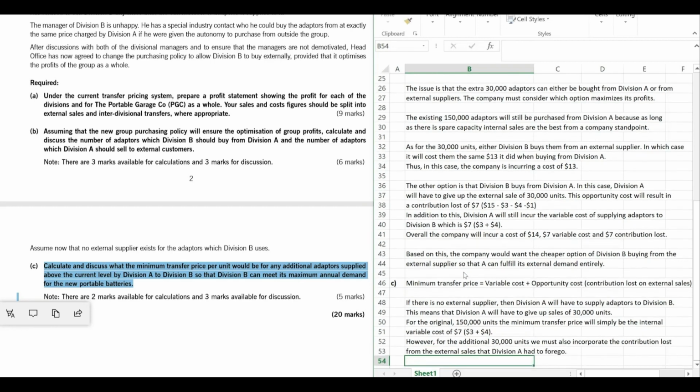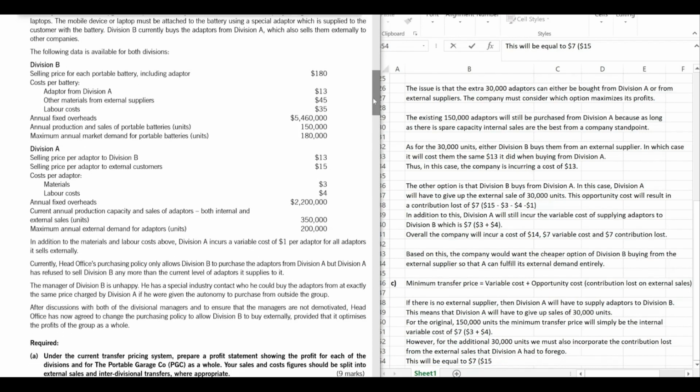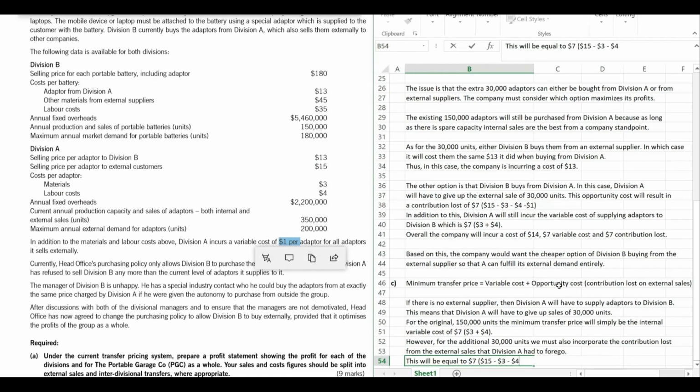This will be equal to, we've already calculated above technically, $7, which is the $15 they sell the product for externally, less the $3, $4 variable cost, and the $1 cost for an adapter for external sales. So 15 minus 3 minus 4 minus 1, right?